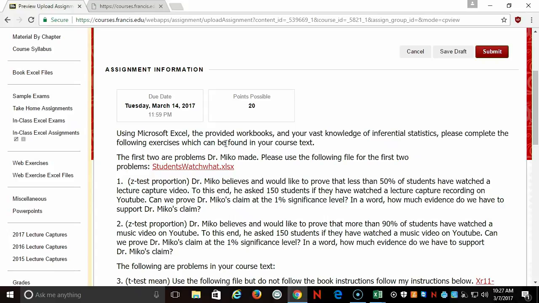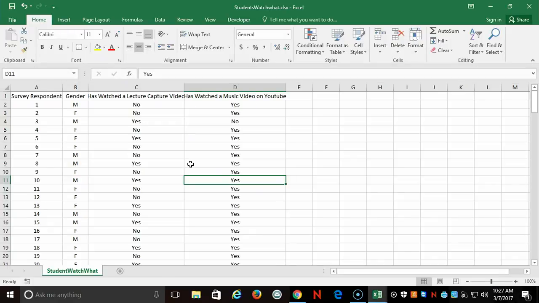He's also trying to prove that more than 90% of students have watched a music video on YouTube. The data for that is in this workbook. Students watch what? This is the lecture capture. This is watch a music video on YouTube. We'll use z-test proportion to analyze that data.